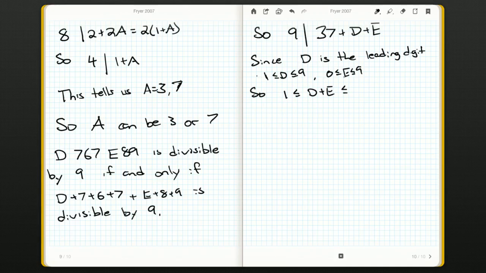If D is 1 and E is 0, that's as low as it can go. And at best, they could both be 9, so that gives us a total of 18. So we want to know what numbers in this range added to 37 give us a multiple of 9.